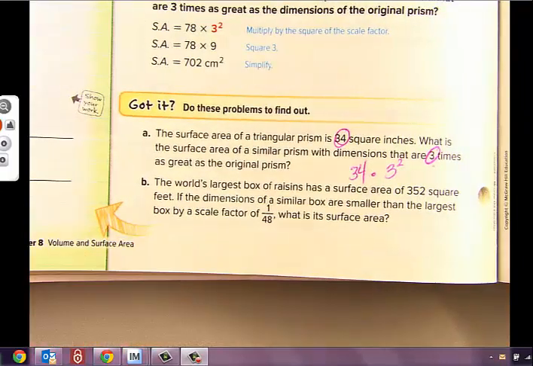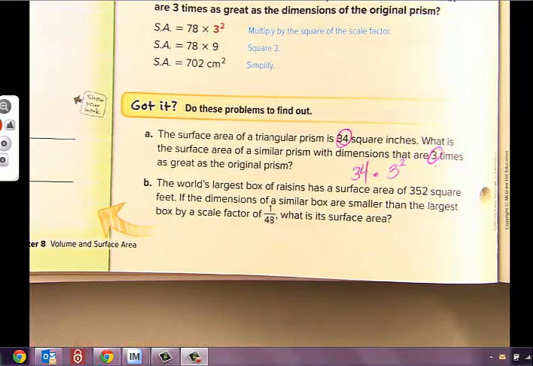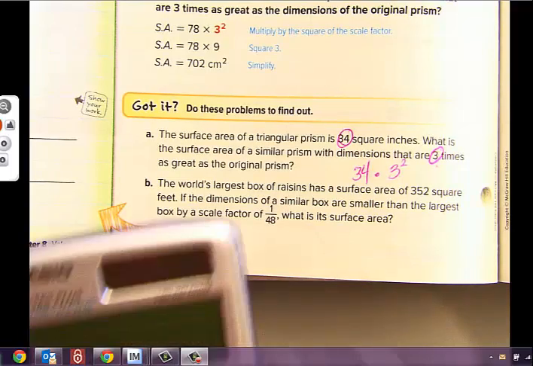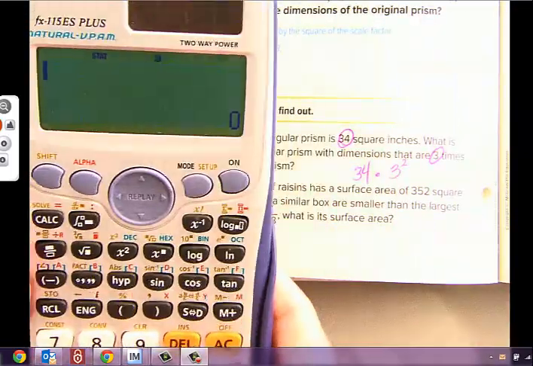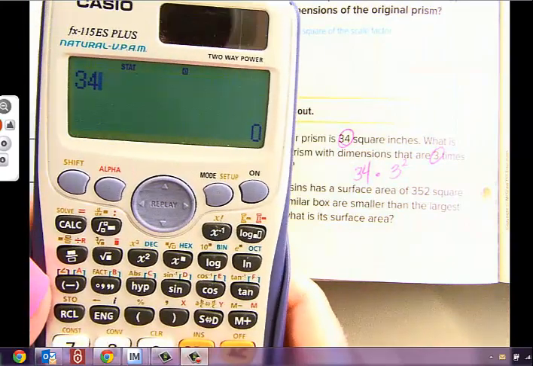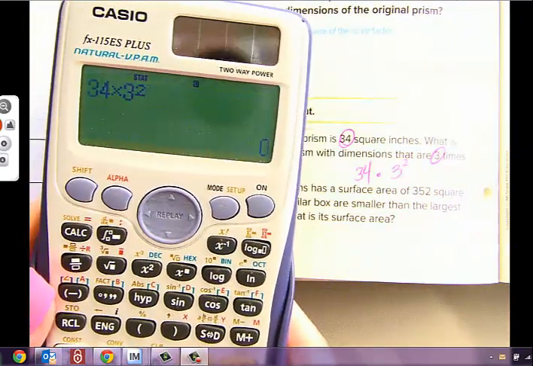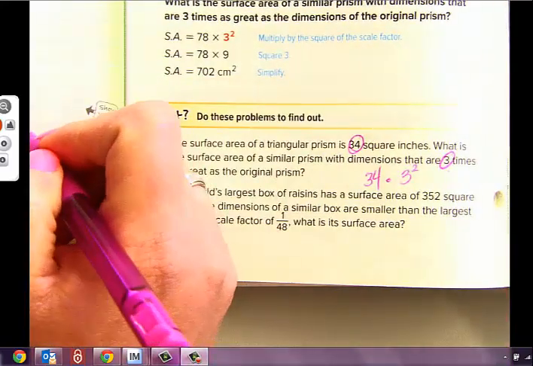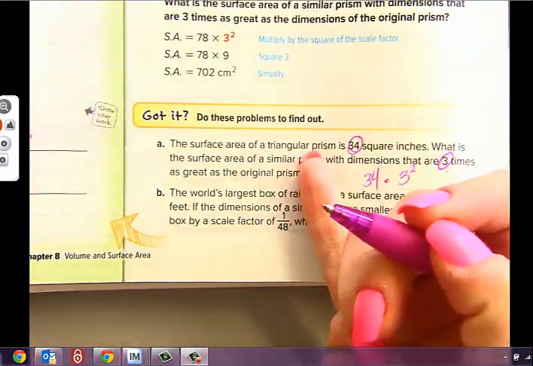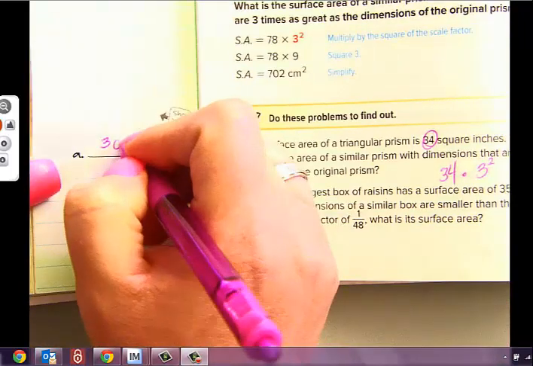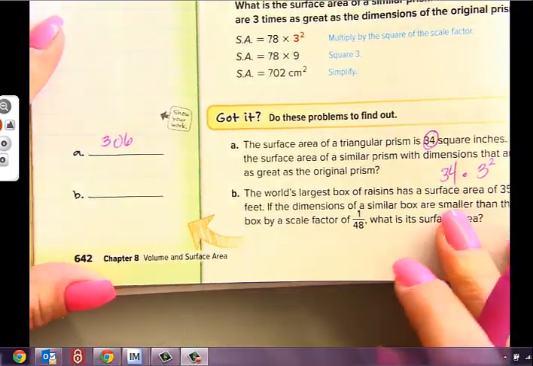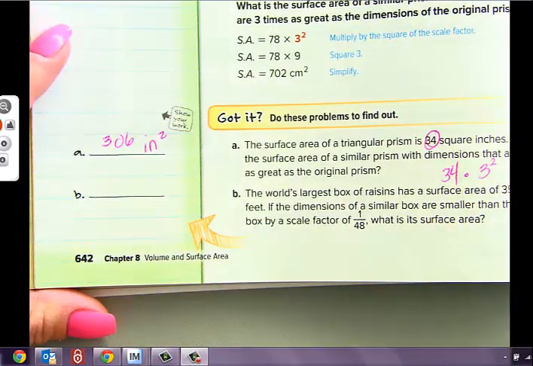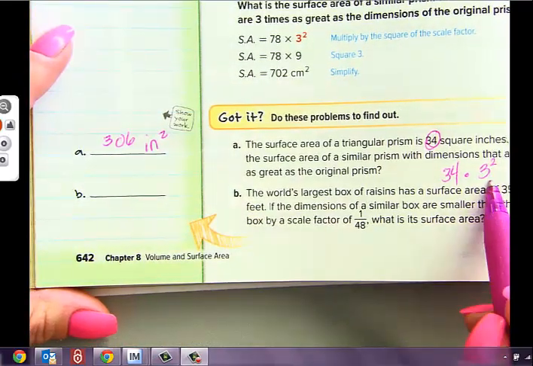So I have 34 times 3 squared, which is the same as 34 times 9, and that gives me 306. So the new triangular prism is 306 inches squared. Scale factor, square it, take it times the original.